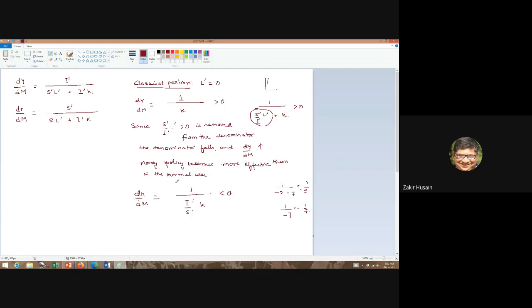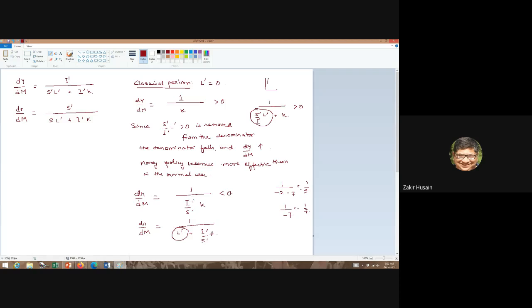So this is in the classical portion, and in the normal case, what is it? Bringing in S prime, this will be L prime plus I prime S prime K. Okay? So this is the additional portion, right? So let us say this value is, suppose, 7. So I'm keeping it -7. I prime is minus, S prime and K are both plus.